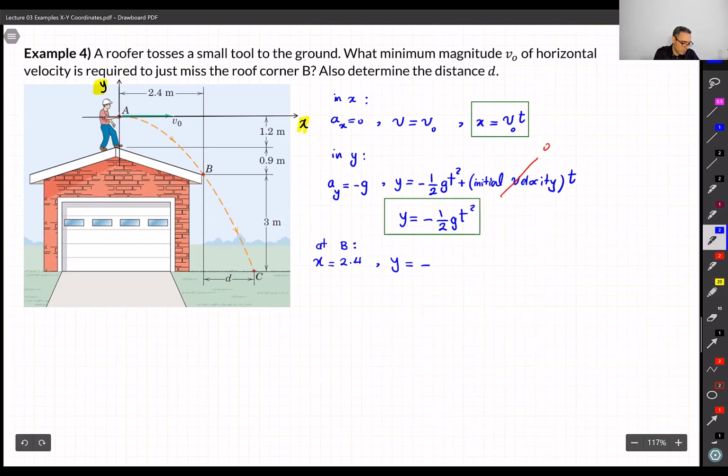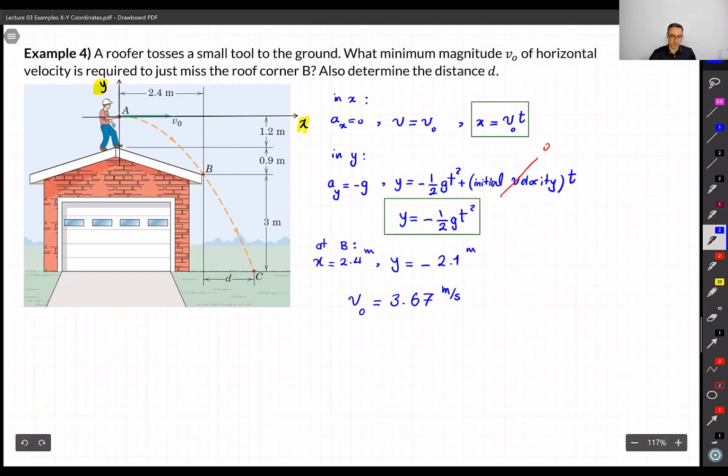So then y is going to be equal to minus 2.1. And the units, of course, are meters. Okay, so I have x, I have y. Based on this equation, I can calculate v0, which is what the question asked. It's going to give me 3.67 meters per second.